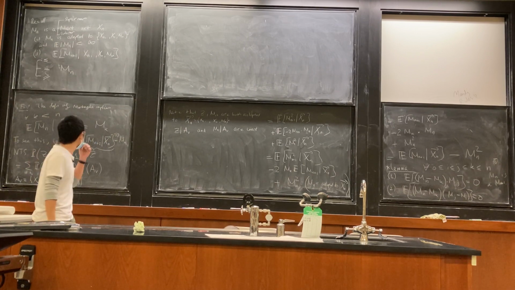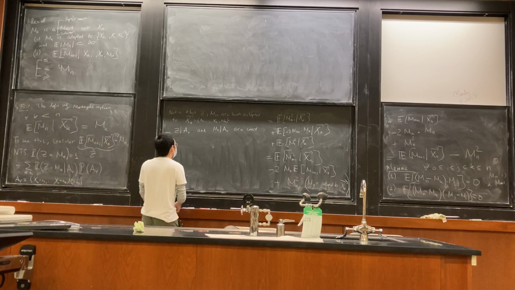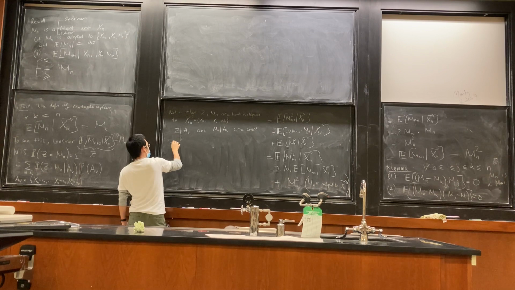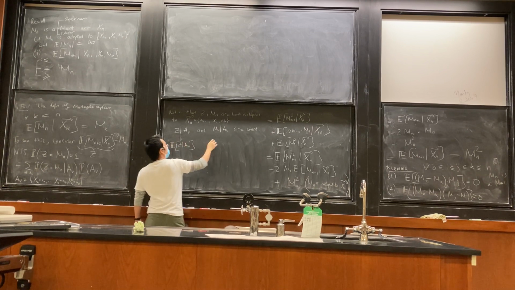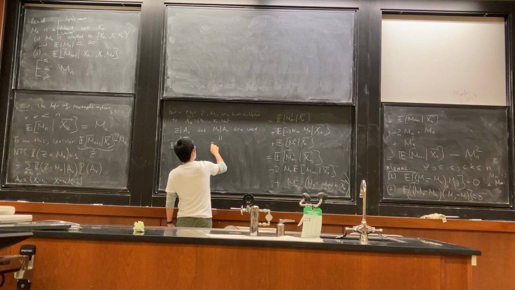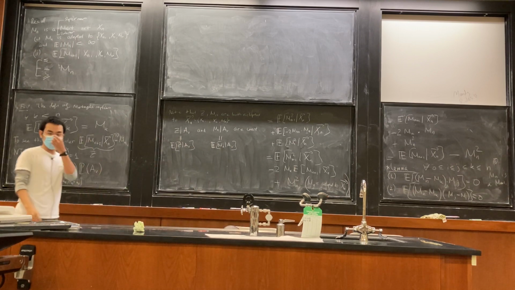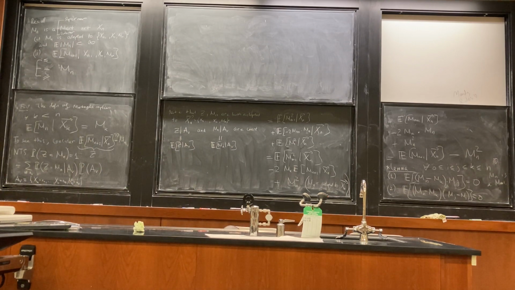Okay, so in particular, if it is a constant, what is the mean? The mean is itself. This is equal to Z conditioned on AB, and this is equal to the expected value of Z conditioned on AB. Right? If I am a constant, then I am the mean of myself.